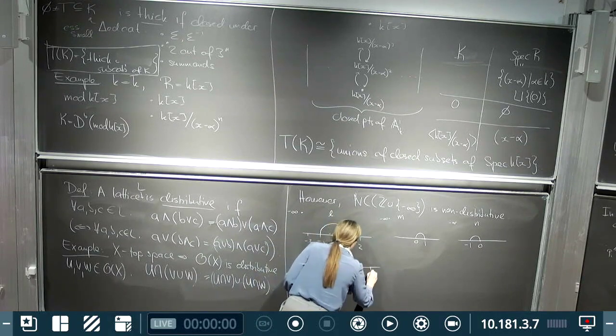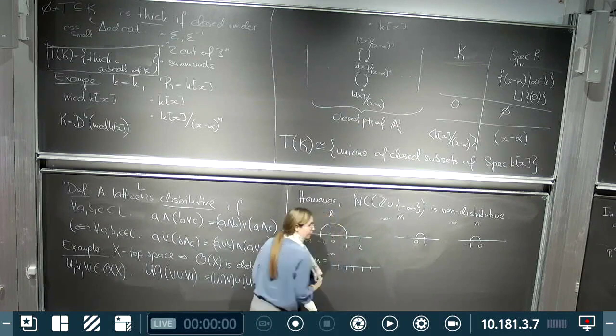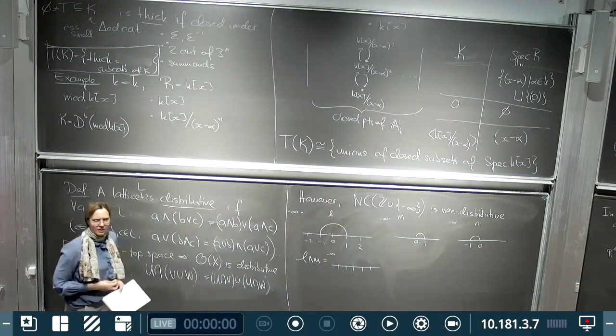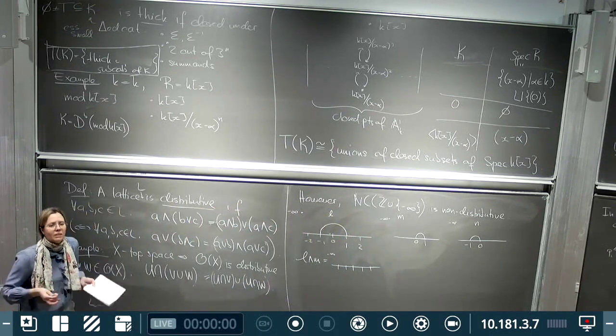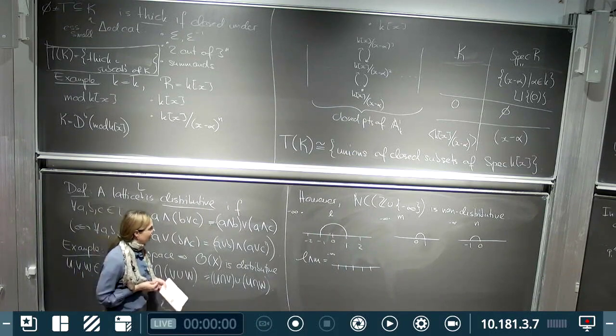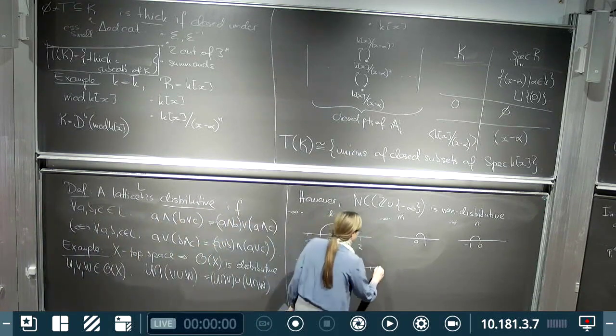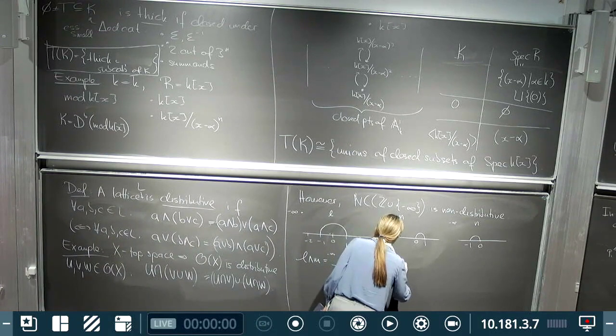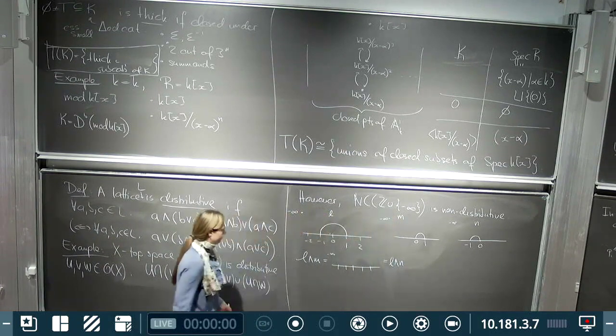So this is the finest partition, where every block is just a singleton, because you don't get anything bigger in any intersection of the blocks. This is the same as L meet N.